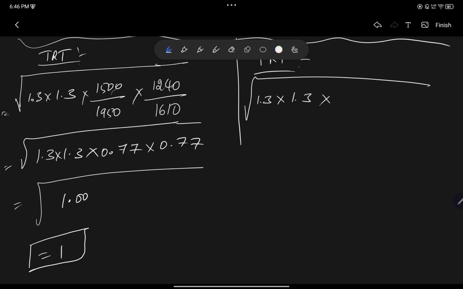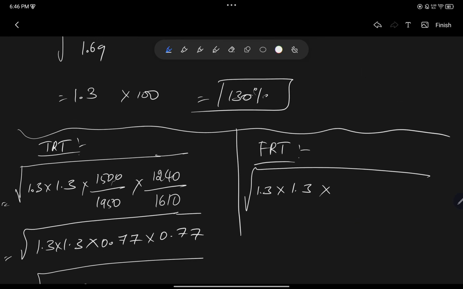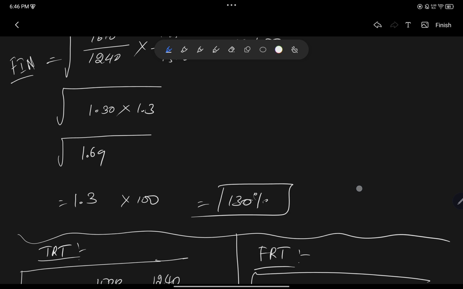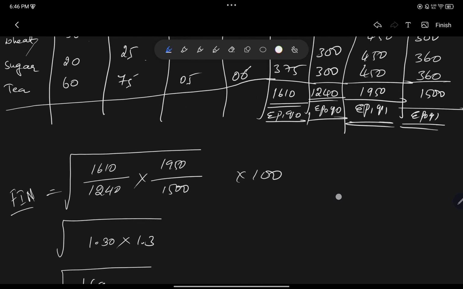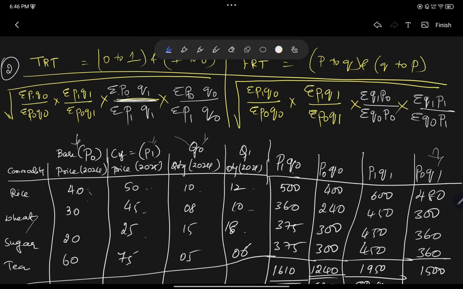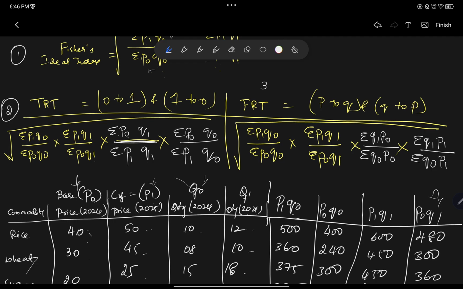If you remember, if we get TRT as 1, it means we have calculated Fisher's ideal index correctly. It is done. Next, FRT. 1.3 already we have got. Okay, done. Next, what does the FRT formula say here? These two things we have already done. We got it 1.3. Now summation of Q1 P0.